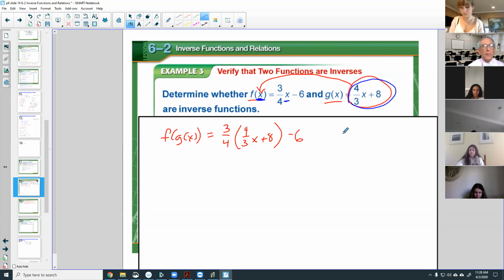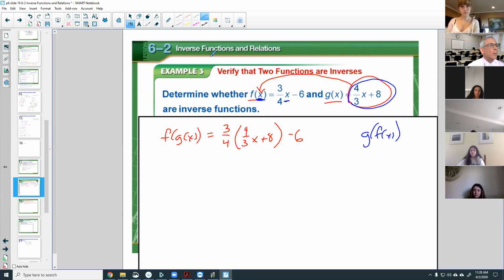So I usually do f of g of x, and then I'll do g of f of x. Does it matter? They both have to be true, but honestly, I've never found a case where they weren't. So when I ask you to do it on a test, I'm going to say, show one or the other. You don't have to do both. But we're going to do both right now, just so that you can see that it works. Everybody good with that? Okay, good.